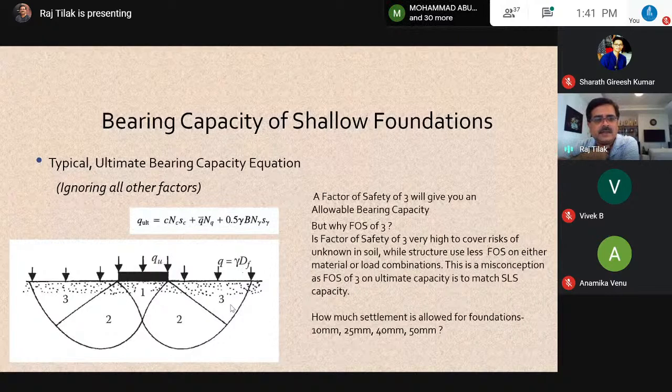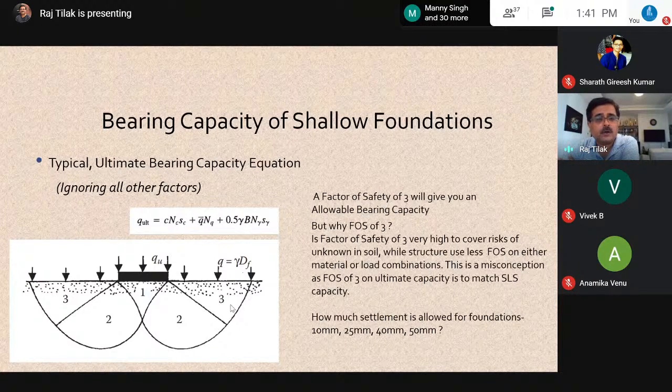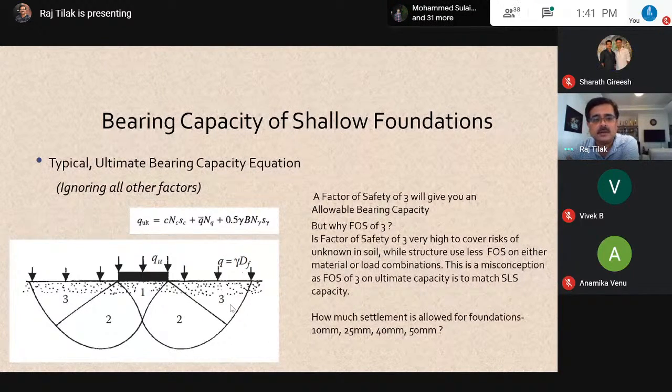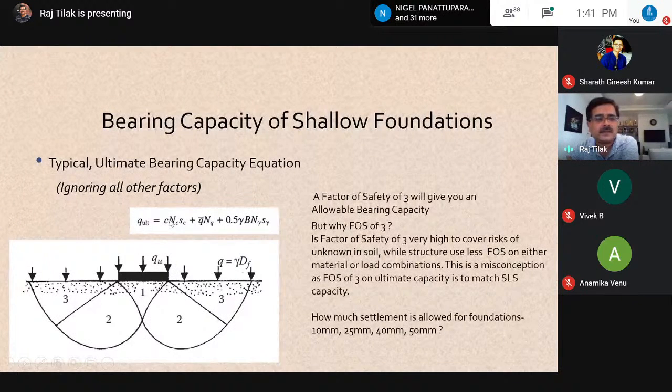You have the other criterion, settlement in place, because settlement will dictate how much you should be allowing your structure or the foundation to be loaded. If you have a criterion of 10 mm, which is sometimes the case if a crane of a class 1 type is running over it, then your bearing capacity may come out much less than what you have calculated by this above equation, because your settlement is limited.